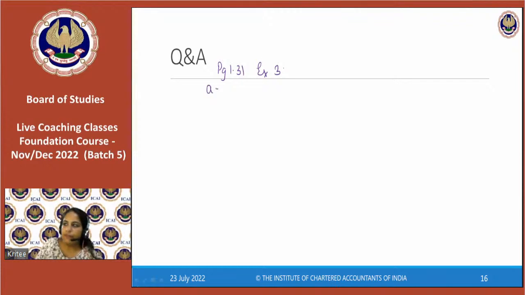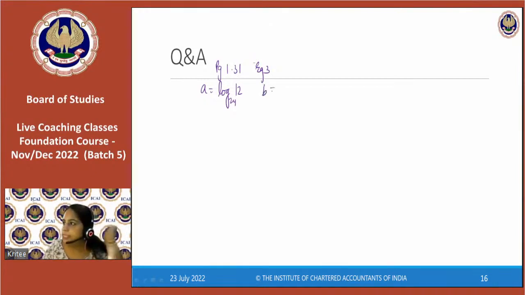It says if A is equal to log 12 to the base 24 and B is equal to log 24 to the base 36 and C is equal to log 36 to the base 48.